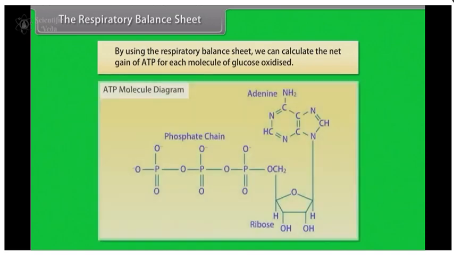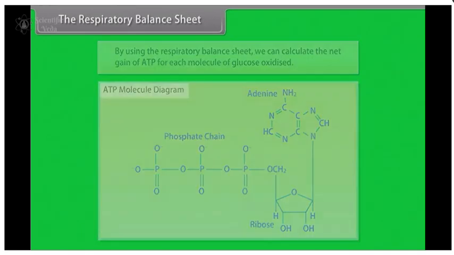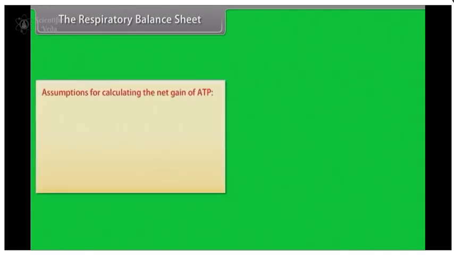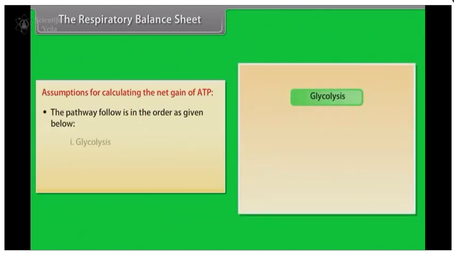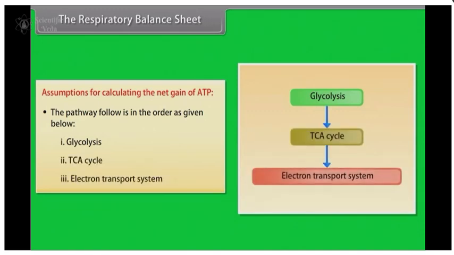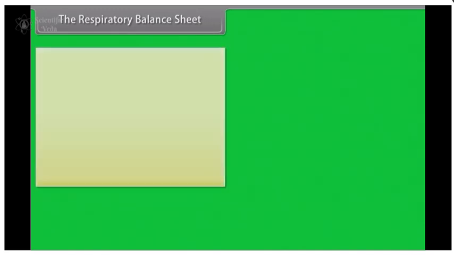The respiratory balance sheet. By using the respiratory balance sheet, we can calculate the net gain of ATP for each molecule of glucose oxidized. Assumptions for calculating the net gain of ATP: the pathway followed is in the order given below: glycolysis, TCA cycle, and Electron Transport System.